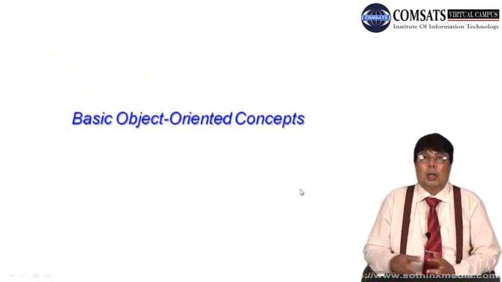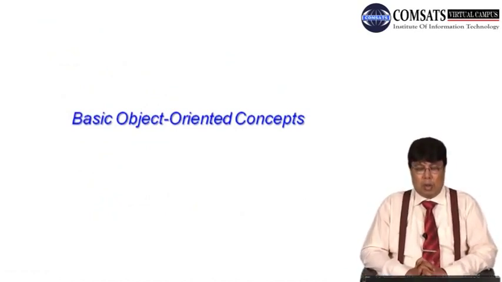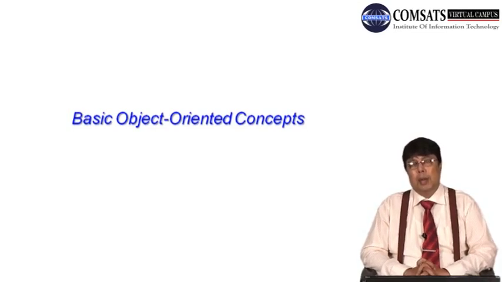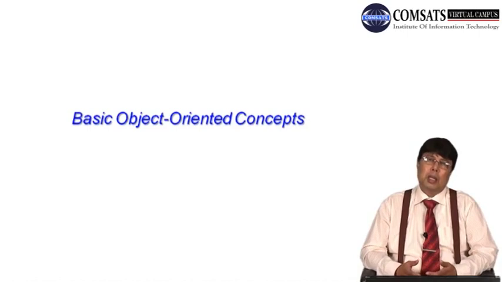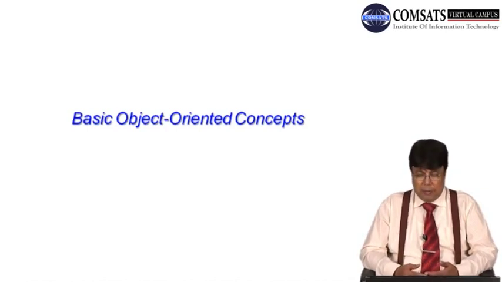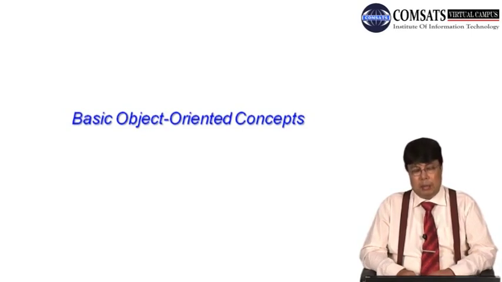Okay, I would now like to introduce some concepts related to objects and classes. Although there are a few more differences, I have already discussed the major differences between C and C++. As a student of the C language, you should know this slight difference and the different facilities available in C and C++.